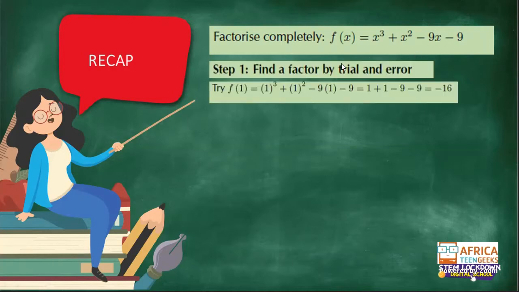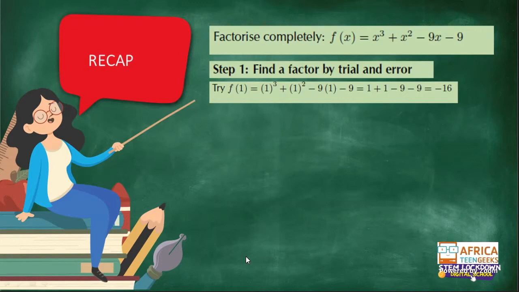So you substitute 1 and see what you get. If you substitute 1 into this equation and you don't get 0, then it means your x minus 1 is not a factor.